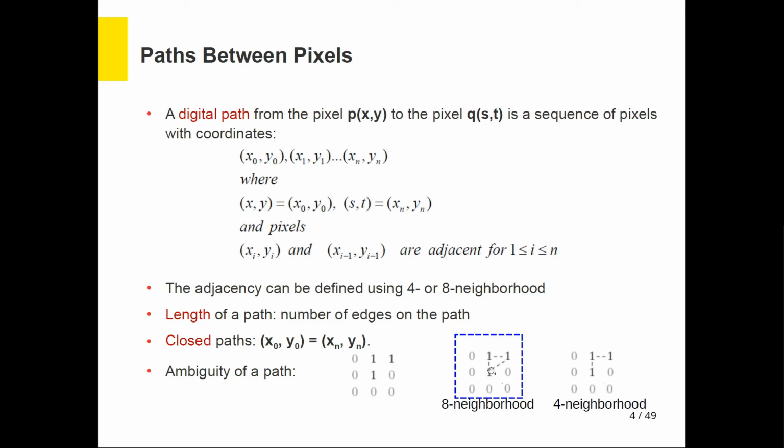One is this direct path, the other one is going through this top pixel. But that is not the case if you're using the four neighborhood. So depending on the application and the type of adjacency that we might have, we can have different types of path with different lengths.